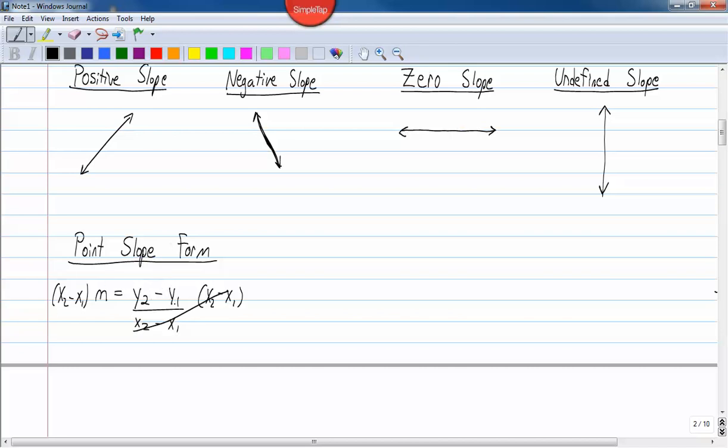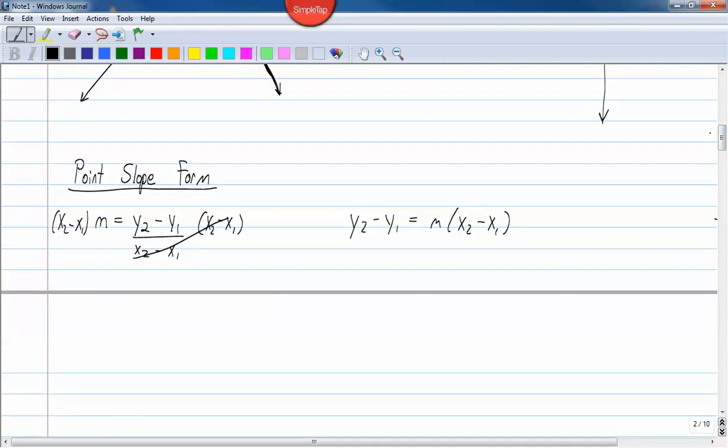And if I flip this thing around, I could have y sub 2 minus y sub 1 equals m times x sub 2 minus x sub 1. Alright, and the only thing different that we do is instead of writing the y sub 2 and the x sub 2, we just make that a y and make that an x.